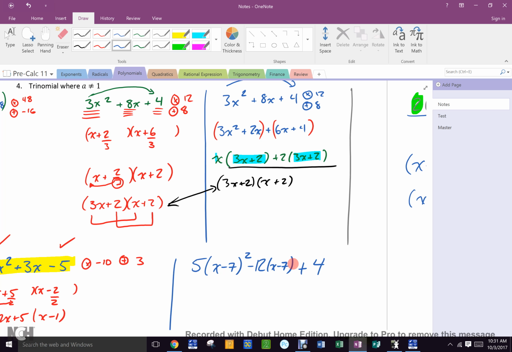Talk to your neighbor. It's hard. See if you can figure that out. There's two ways to do it. There's the shortcutty way I taught you, and then there's another way that you could try.